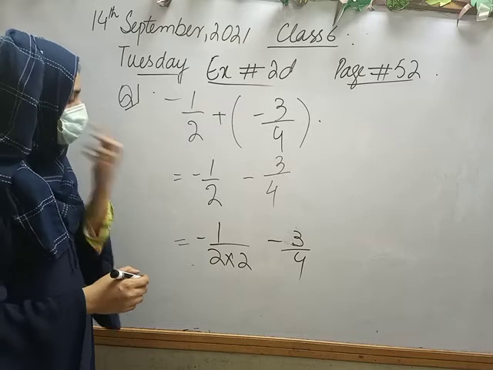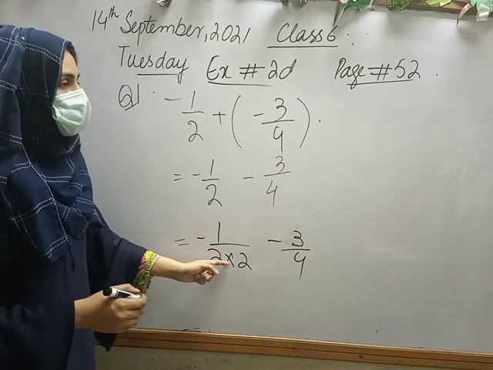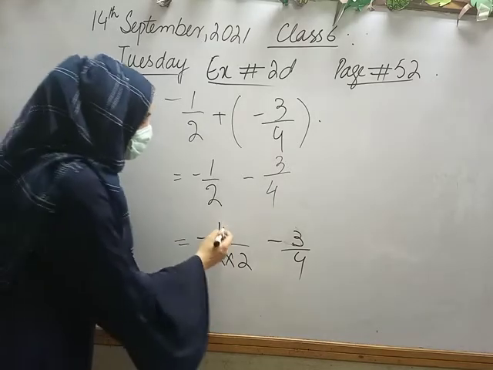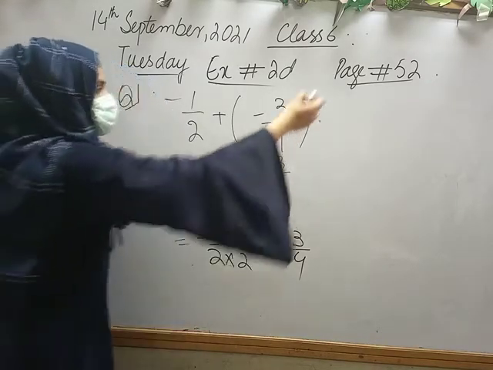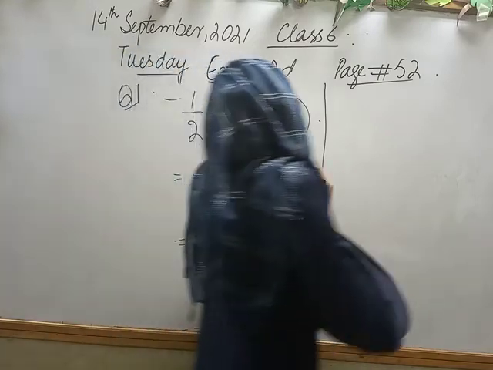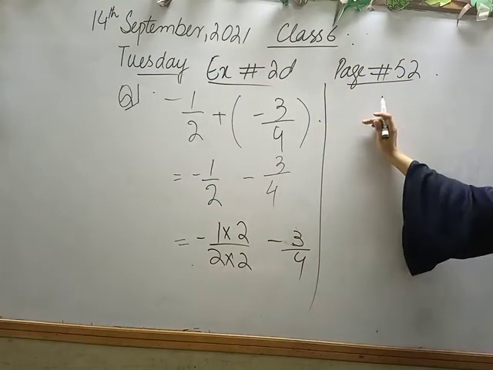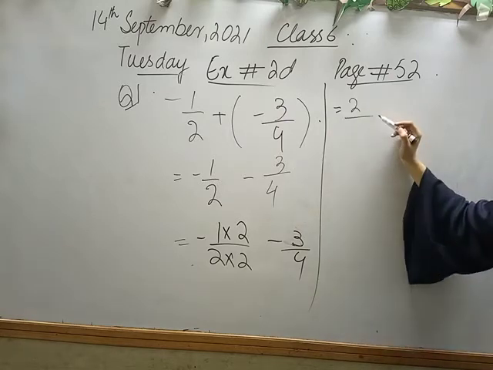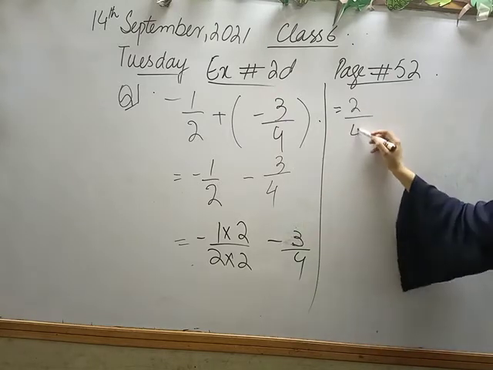I will multiply 2 by 2 because I want 4 in the denominator, and we will also multiply the numerator by 2 as well, because this is the rule of equivalent fractions. Now 2 1 times 2, 2 2 times 4.